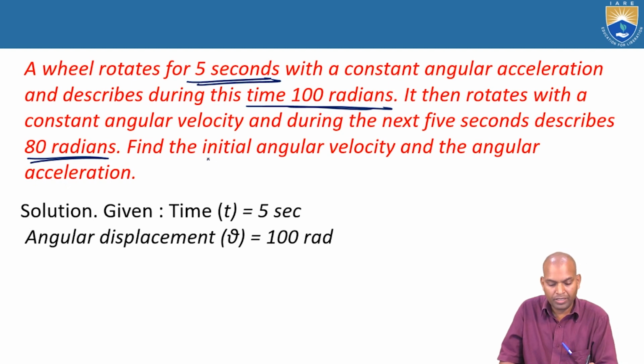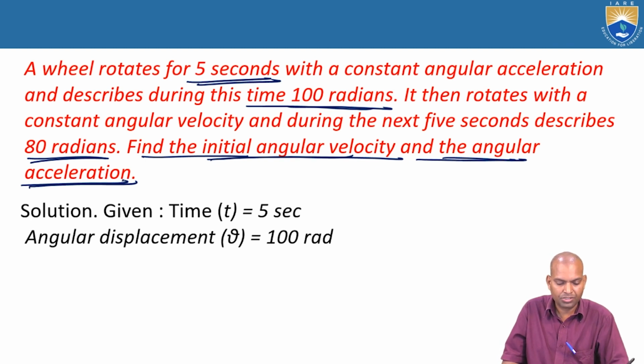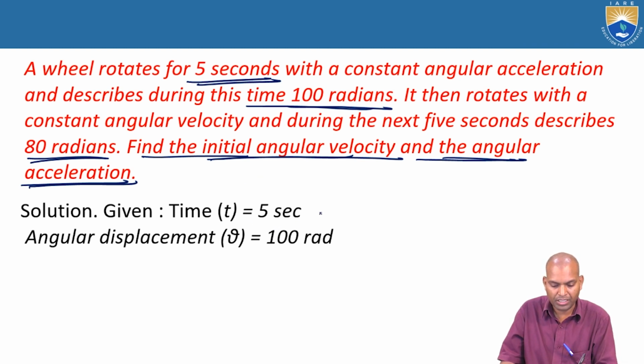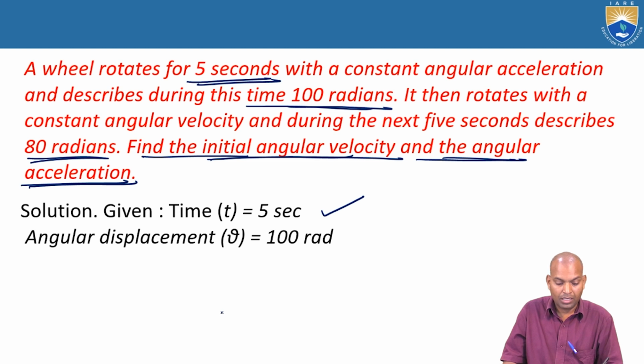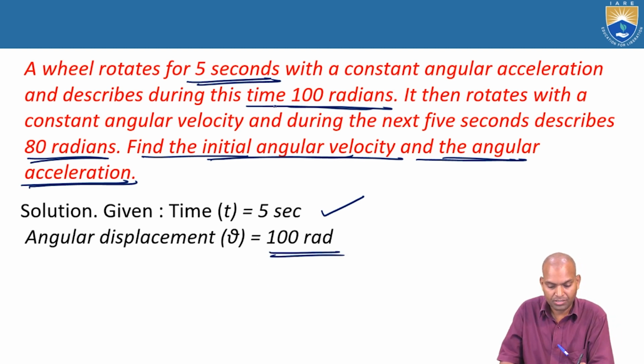Find the initial angular velocity and the angular acceleration. Now the solution: the given time t equal to 5 seconds, and angular displacement is 100 radians.